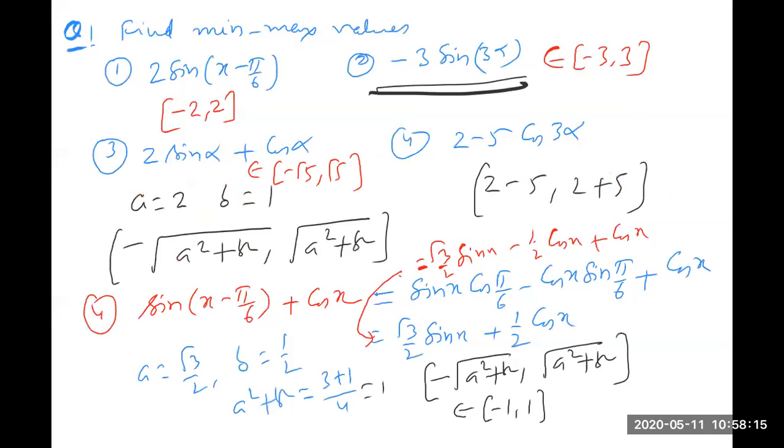So 4 questions we have done. Question number 5. Example number 5. Y is equal to sin x minus 2 cos x plus 3, or make it minus 3, suppose. So then C is minus 3.